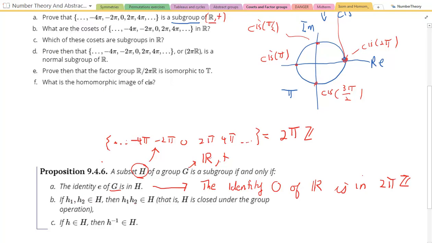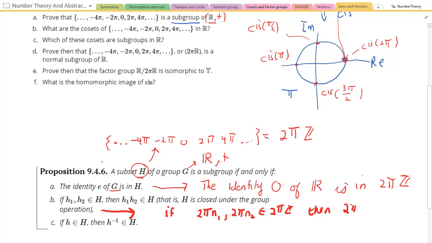Instead of H1, H2 is in H, we have to say, in this case, instead of H1 plus H2, since this is 2 pi n, we can say if 2 pi n1 and 2 pi n2 are elements of 2 pi Z, then here it says H1, H2 is in H, but now the group operation is addition.